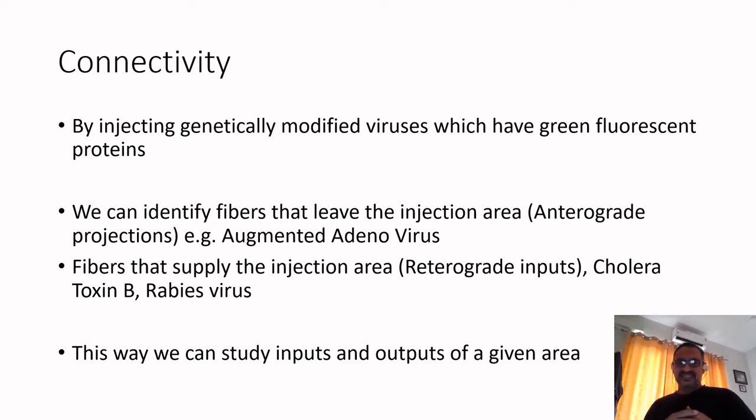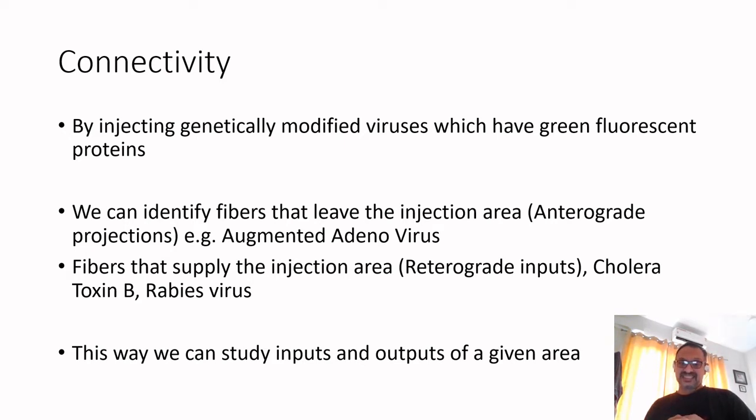When you inject something, wherever the virus spreads, it's going to infect all the cells, and the output of these cells goes to different areas. We call this anterograde projections, which is basically the output of that particular region. The reverse is also true.